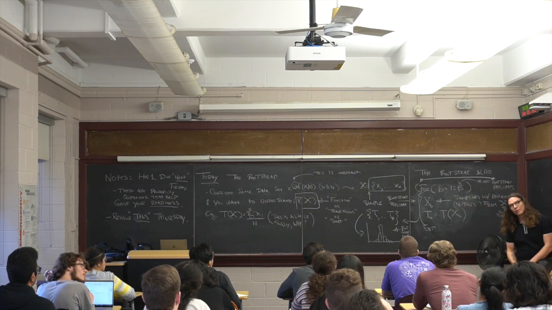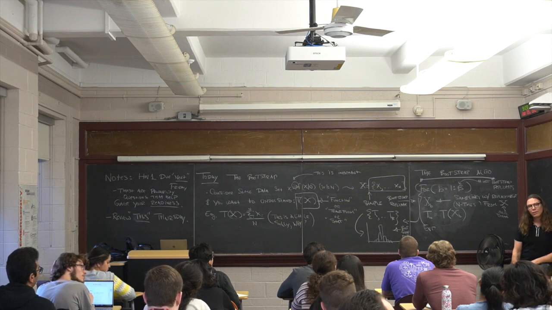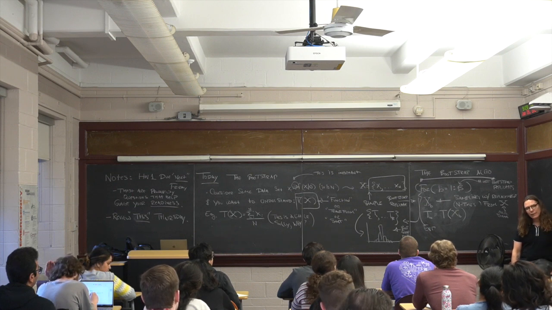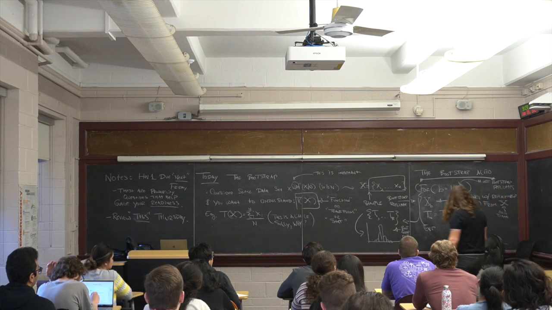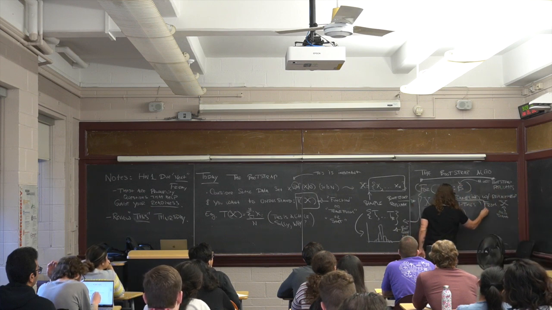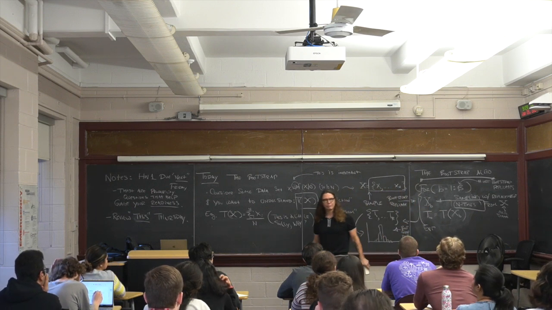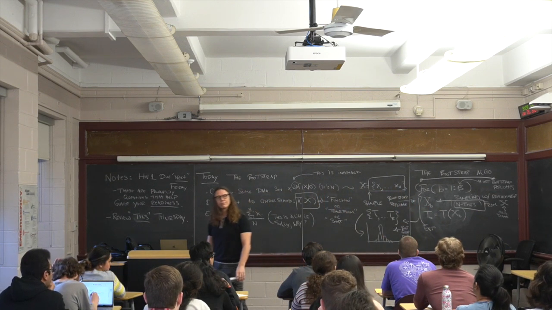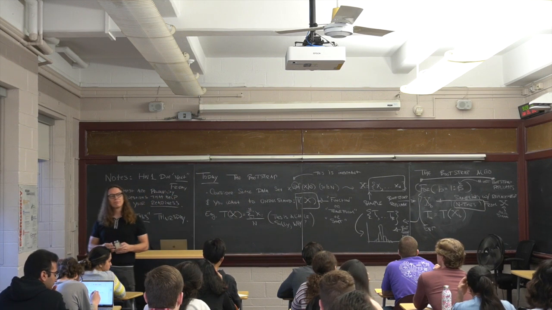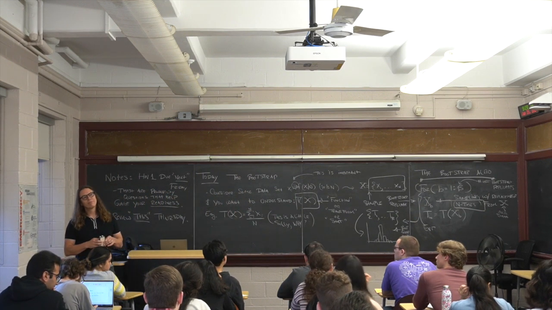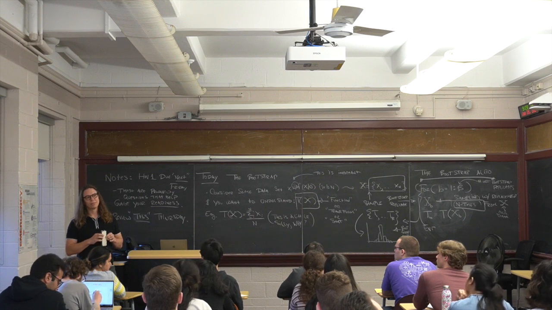So is the number of samples in the replicate the same as the number of samples in the original X, like the N? Yes, that's what this is right there. N times. So this is a new data set of N points. And so the only reason it's potentially a unique data set is because you might be repeating different samples from the original.